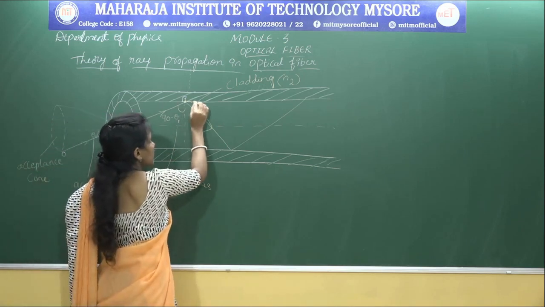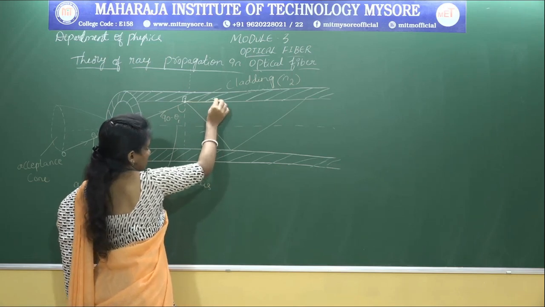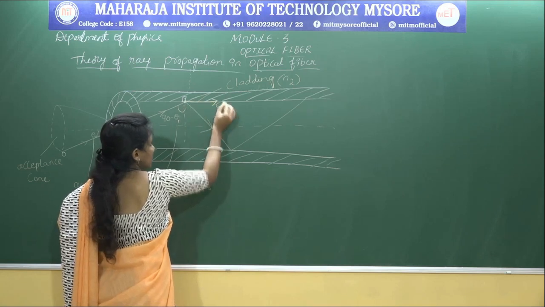This is the interface between the core and cladding region. Name this point C.